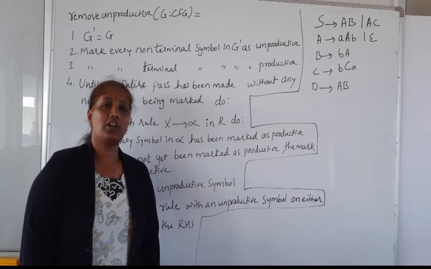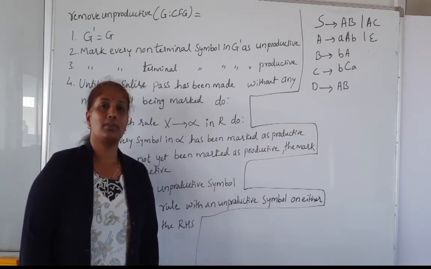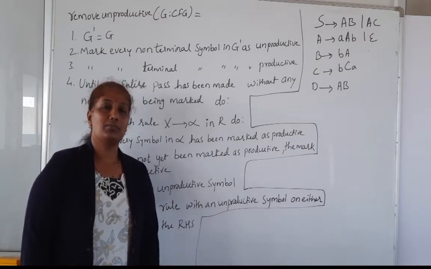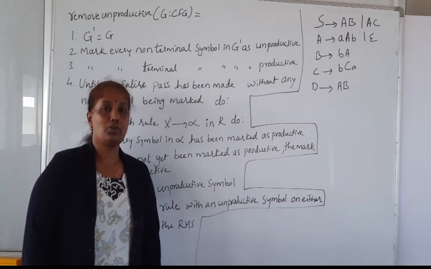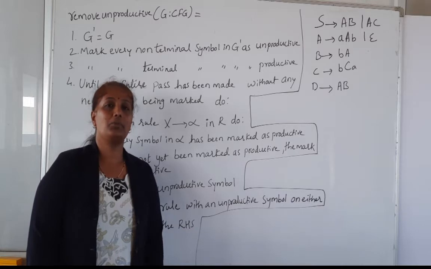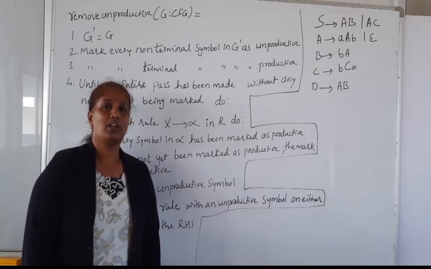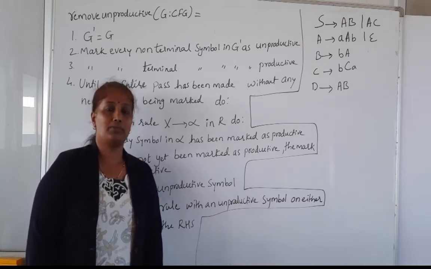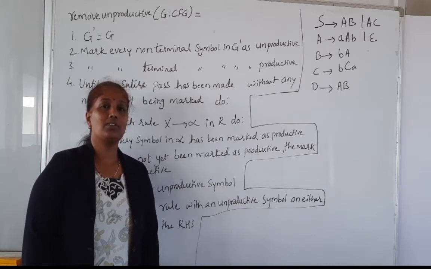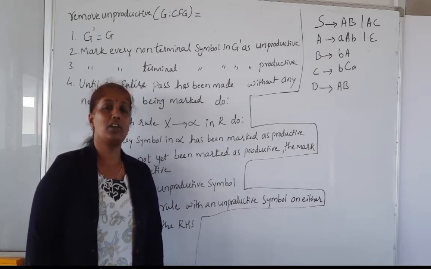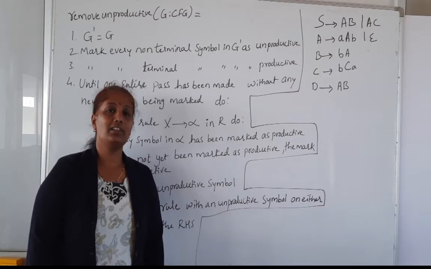So there is a chance to simplify the context-free grammar by removing the symbols which are unproductive and unreachable. Today we'll see what we mean by unproductive symbols and what we mean by unreachable symbols. The unproductive symbols are the grammar symbols which are not contributing anything in the generation of the string for a particular language.